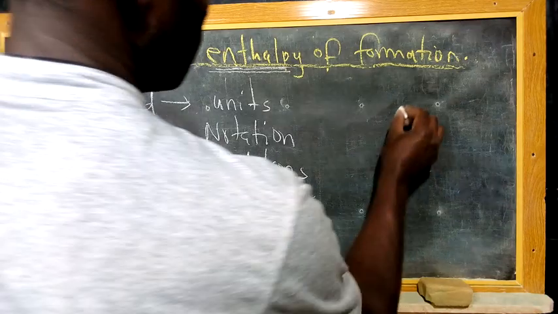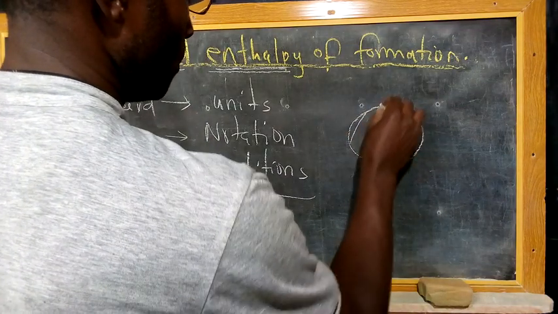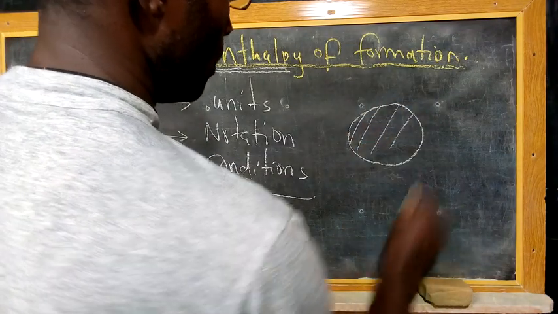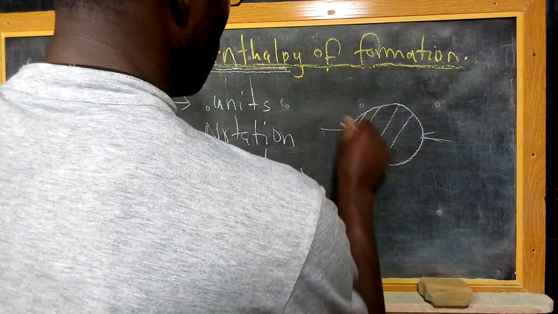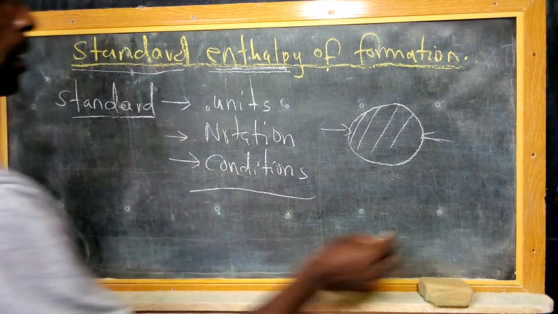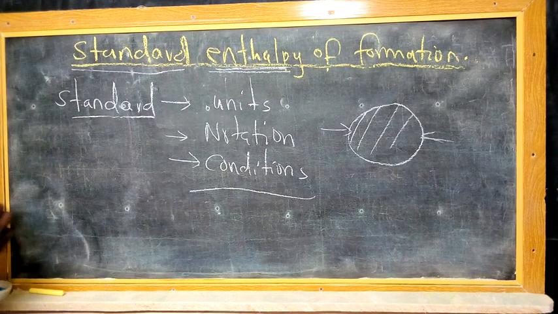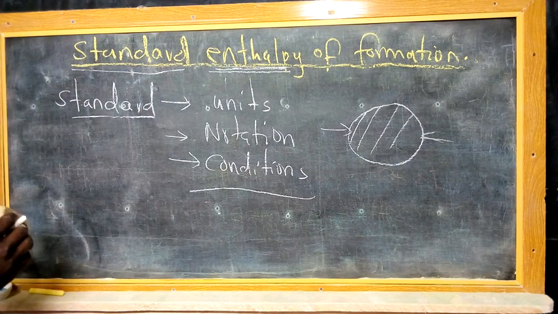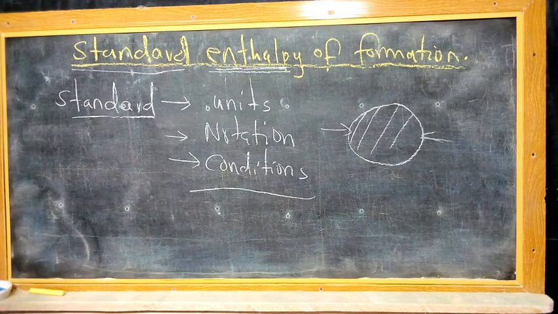And talking of the system, we have stated that a system is a substance or a mixture which encompasses the place or the volume where a chemical or a physical change is taking place. But without going further, let's try to see how or why this term, standard, is used in the enthalpy of formation.